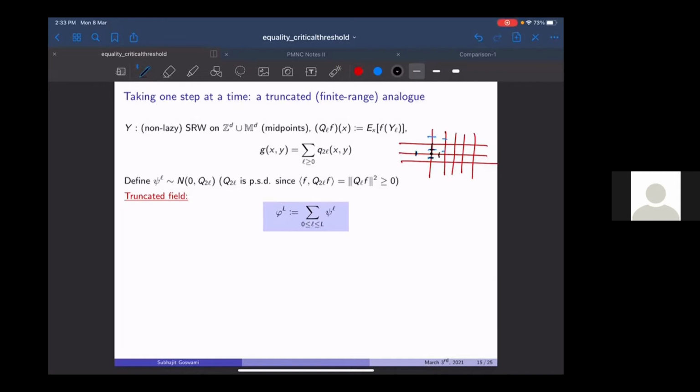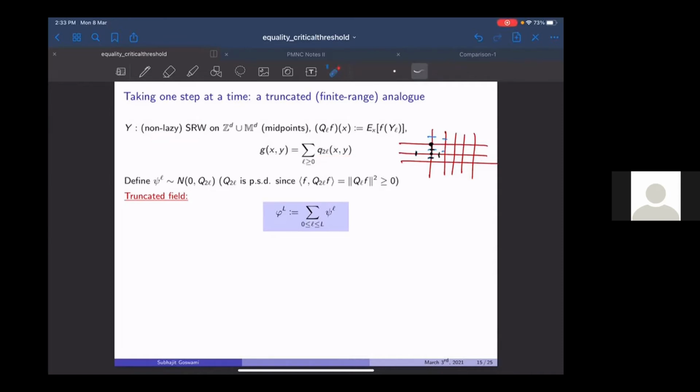Then in the next step, it either chooses to come back, which gives rise to the laziness of the random walk, so the random walk has a positive probability of being at the origin after one step, or it can choose to go to the next original lattice vertex. Decomposing the random walk in this way allows you to write every transition kernel as an even step transition kernel for a different random walk.